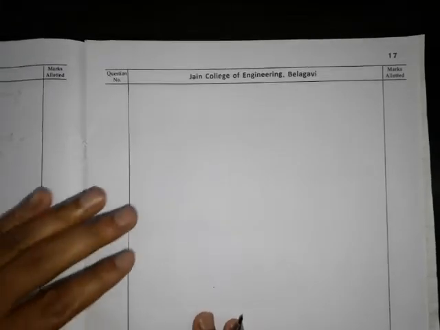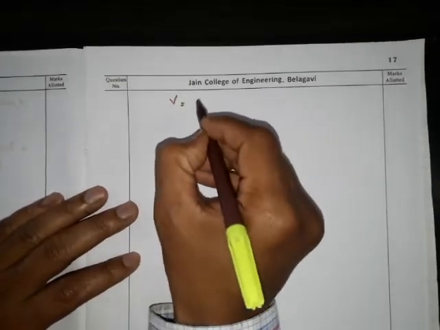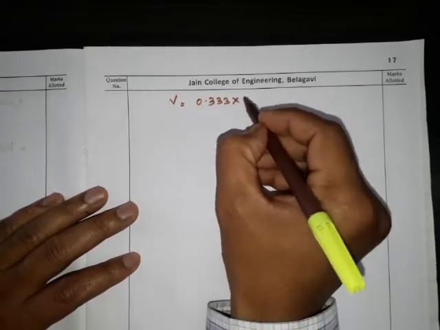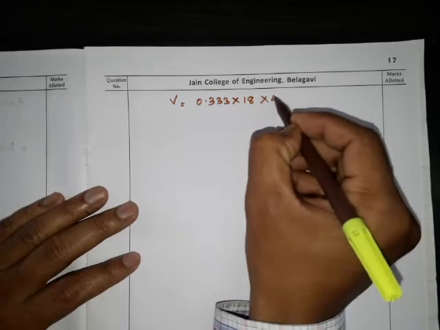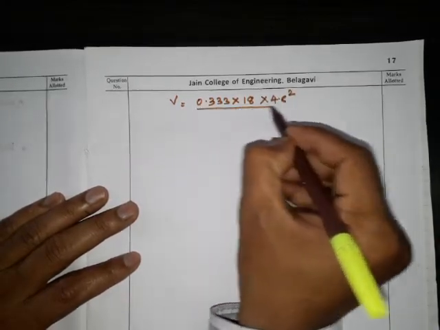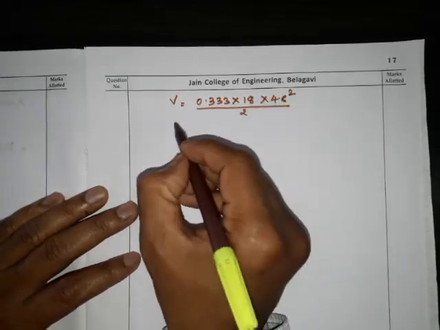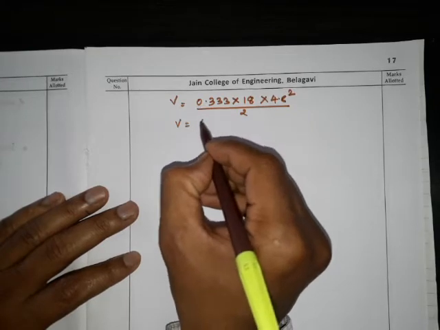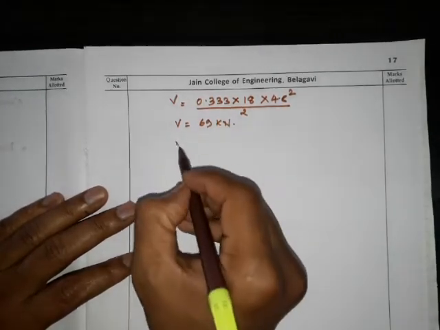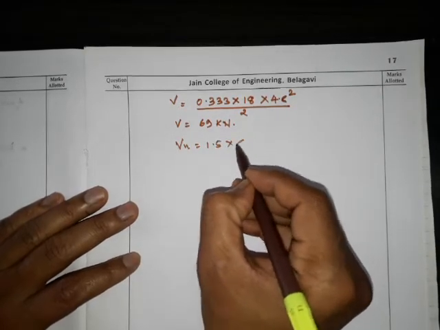Okay. So K is 0.333, gamma is 18, H is 4.8 square divided by 2. So that is K into gamma into H square by 2. So we get V is equal to 69 kilonewton and Vu is equal to 1.5 times 69.